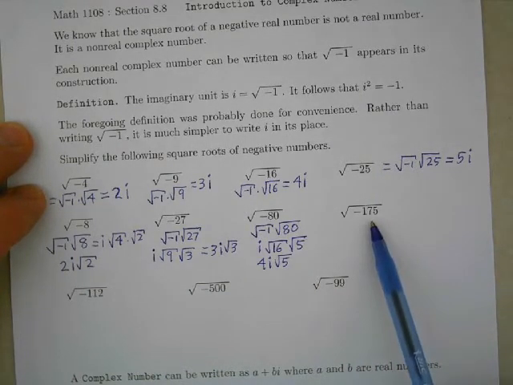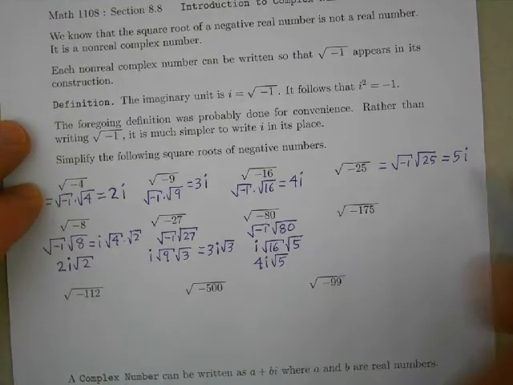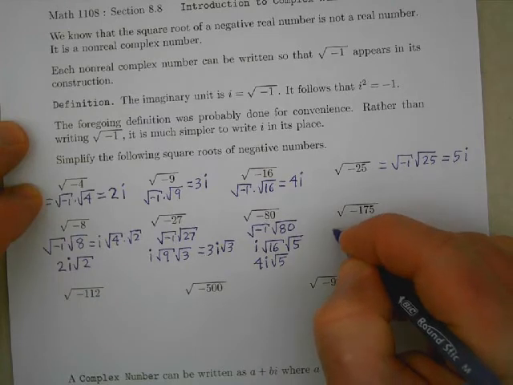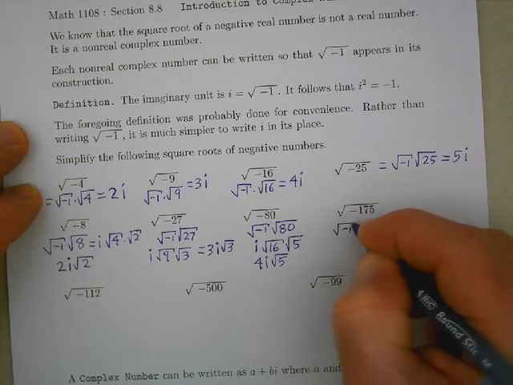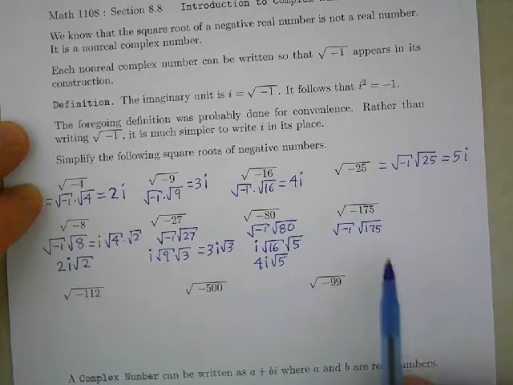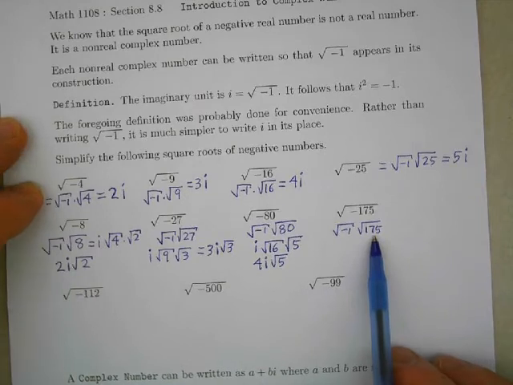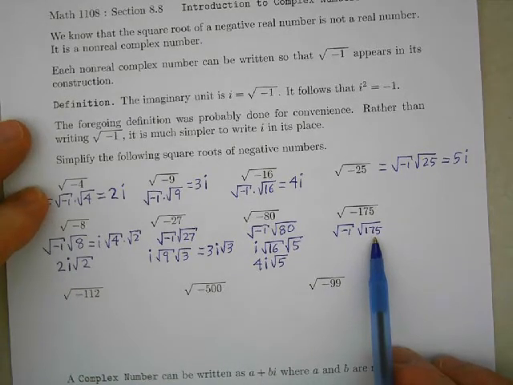The next one in this row, the square root of negative 175, we'll write it as the square root of negative 1 times the square root of 175. 175 is not a perfect square. The largest factor of 175 that is a perfect square is 25. 25 times 7 is 175.